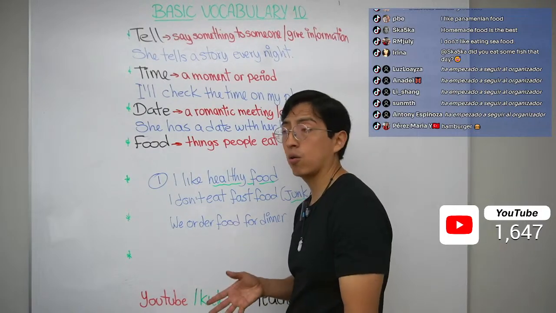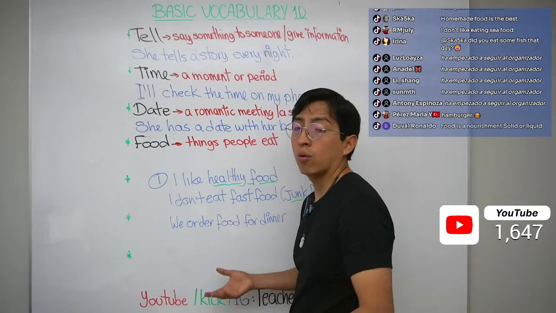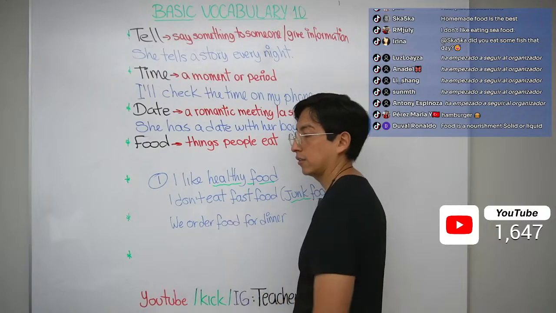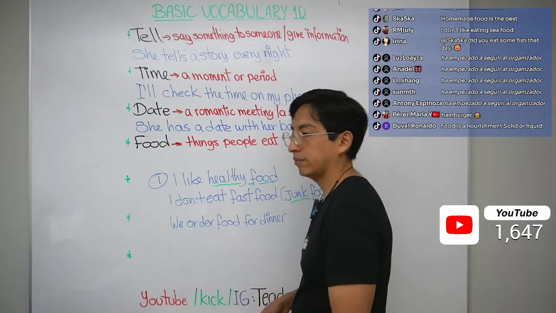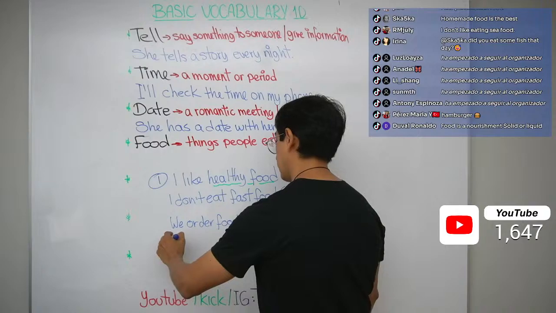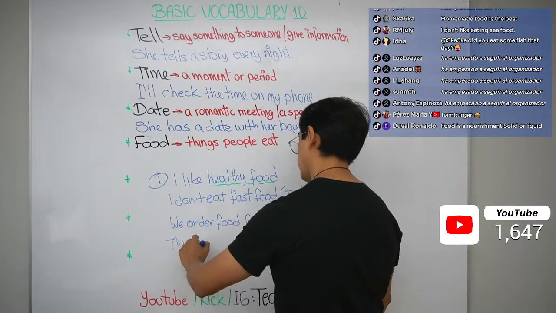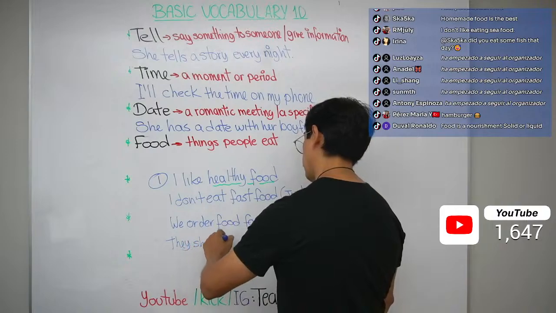Order pizza, order a hamburger, order sushi. Yes, we can use this a lot. What we can use, for example, here, they share food.